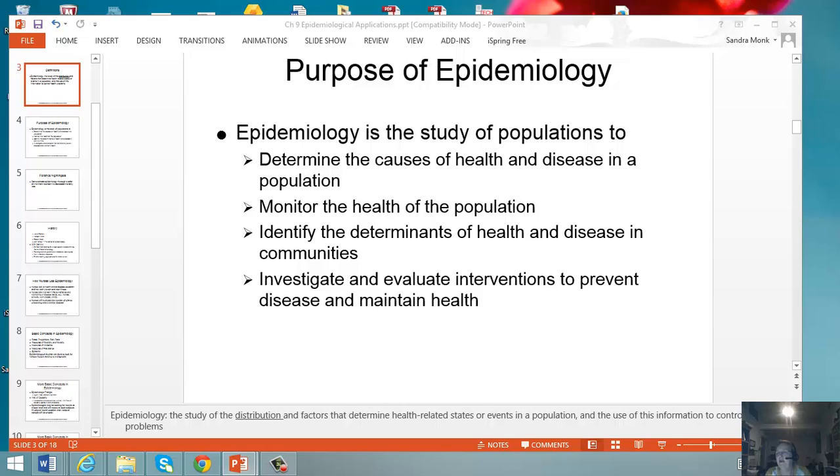The purpose of epidemiology is to study populations to determine the causes of health and diseases within the population, monitor the health of the population, identify determinants of health and disease within communities, and also to investigate and evaluate interventions to prevent disease and to maintain health.